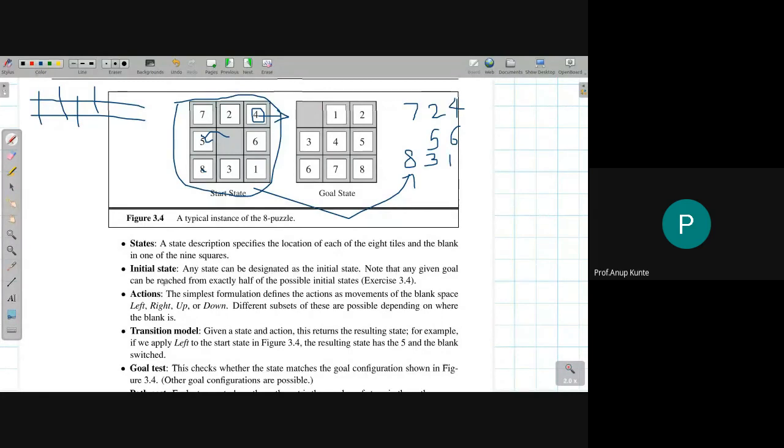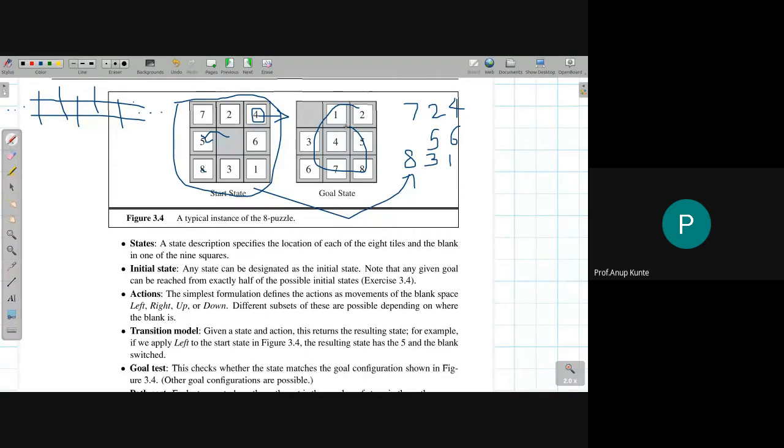Next thing that my algorithm should define is the goal test. To do the goal test, I should be checking with any given state. अगर मैं स्टेट को रिप्रेजेंट करने के लिए सिंगल डायमेंशनल अरे यूज करता हूँ, तो इस पर्टिकुलर गोल स्टेट को भी मैं अनफोल्ड करके एज अ सिंगल डायमेंशनल अरे रिप्रेजेंट करूंगा, which will start from space 1 2 3 4 5 6 7 8, or 1 2 3 4 5 6 7 8 space.